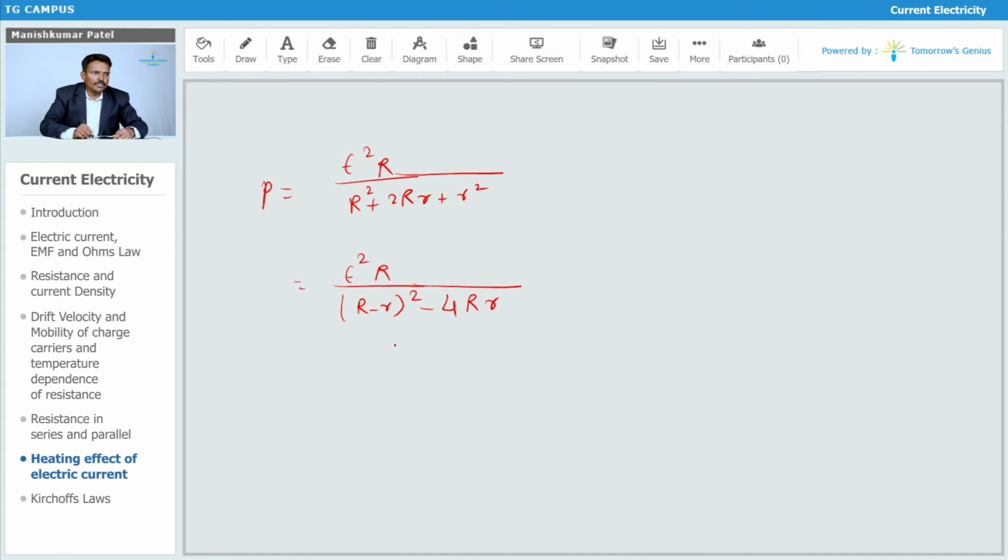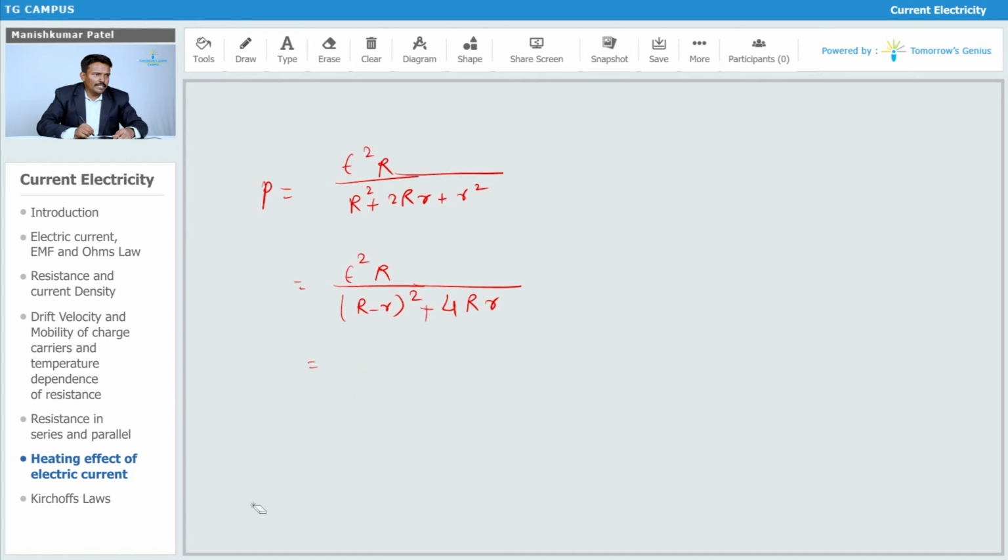If you check it once again, this is E square R upon (R minus r) whole square plus 4Rr. If you simplify the bracket you will get the same thing.